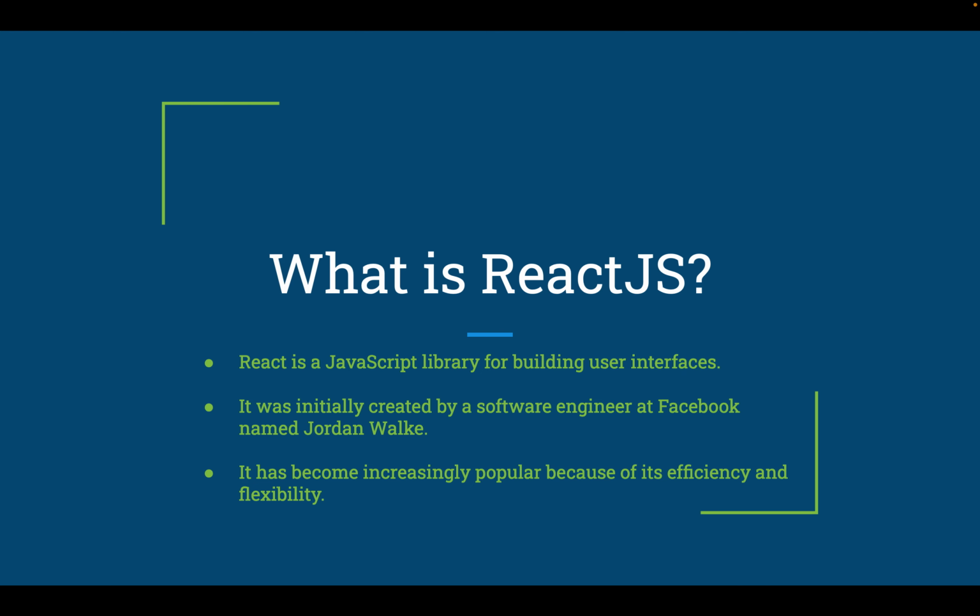They were in urgent need of an upgrade. So Jordan Walke built a prototype that made the process more efficient, and this marked the birth of ReactJS. Because of the ease of use and developer friendly features, many major companies and startups adopted and still continue to use React for building their web applications because of its efficiency and flexibility.